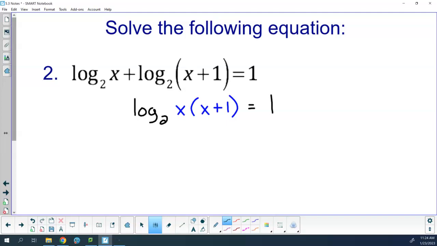Okay. Now, why is that important? Because now we've got our log isolated, so now we can switch our forms. If we switch our forms, then it becomes 2 to the first power equals x times the quantity x plus 1.